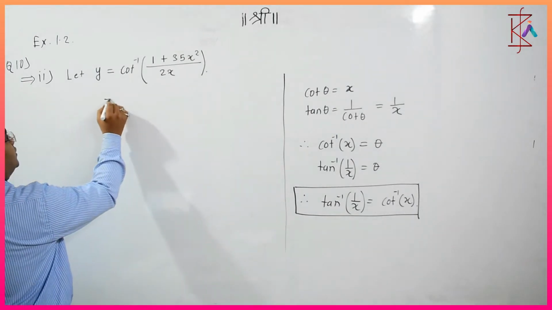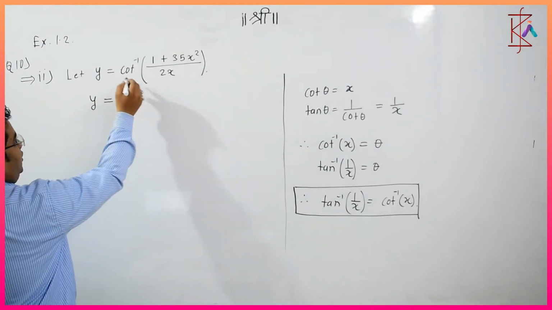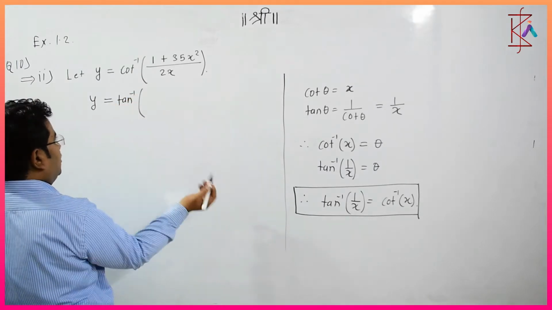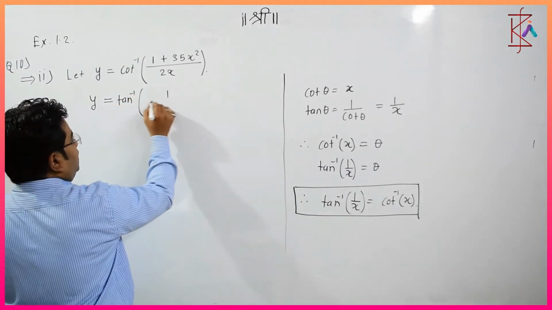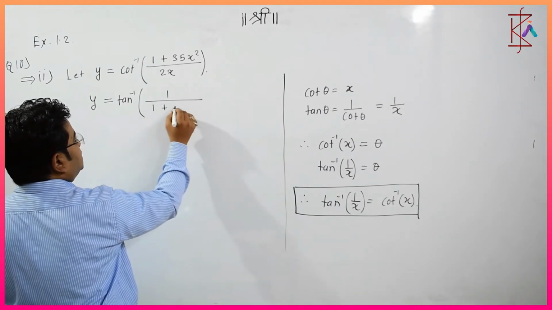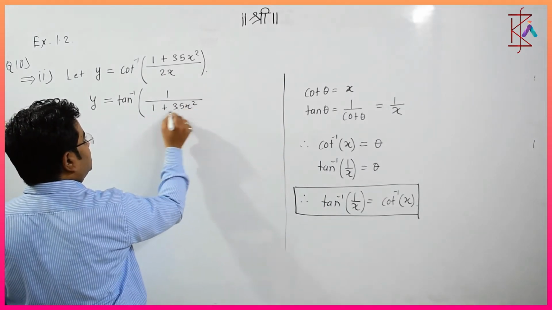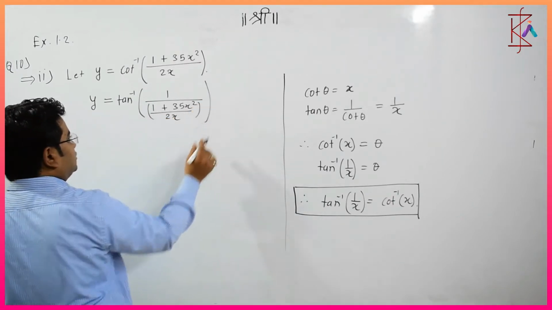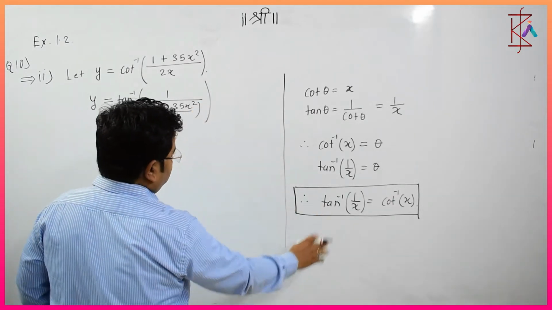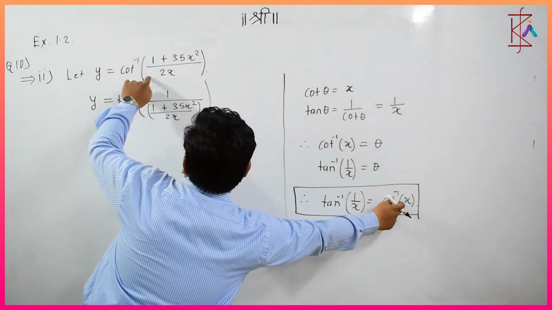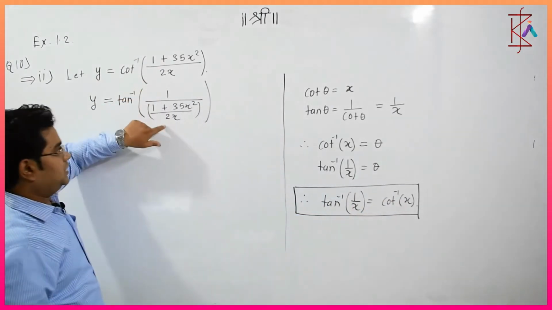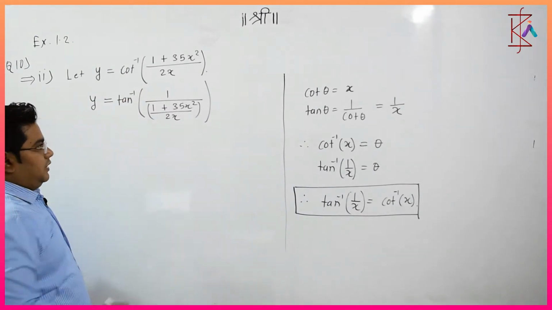So using the identity of cot inverse, we can say tan inverse of 1 upon (1 plus 35x square divided by 2x). Everything looks okay. It is similar to this question. So this whole bracket was the x, and this is 1 upon x. So 1 upon that x, quite identical.